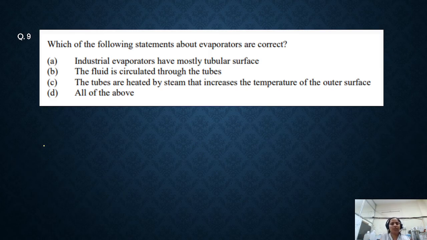This is the next question. Which of the following statements about evaporators are correct? First, industrial evaporators have mostly a tubular surface. Then, the fluid is circulated through the tubes. The tubes are heated by steam that increases the temperature of the outer surface. And option D is all of the above. Please answer, because all of you know this answer.